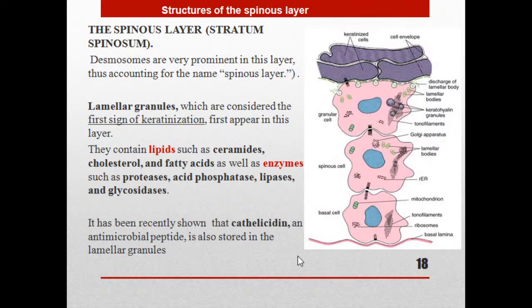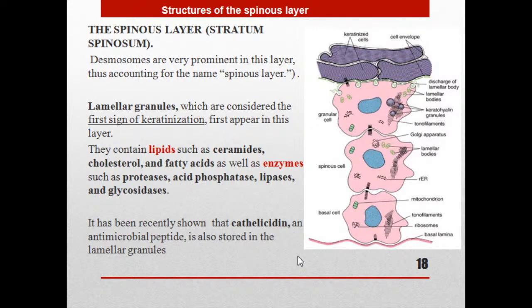The desmosomes are very prominent in this layer, thus accounting for the name spinosum layer. Lamellar granules, which are considered the first sign of keratinization, first appear in this layer.